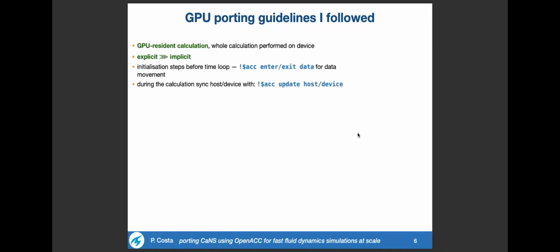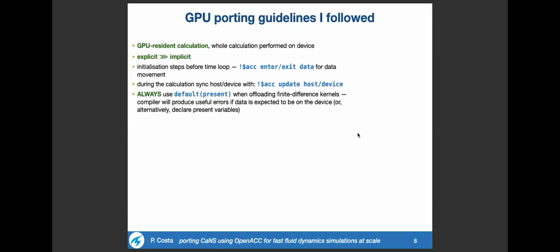Then we use vanilla data directives for data movement, especially in the beginning of the time loop. We use ACC enter/exit data to move data in and out of the device. And during the calculation, sometimes we need some syncing between host and device, and we just use the very natural ACC update self and device directives.